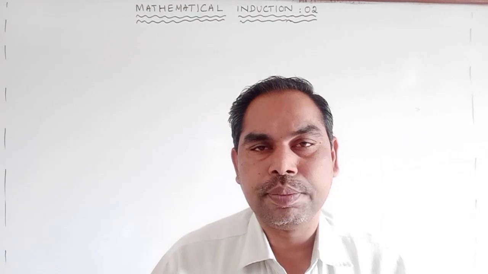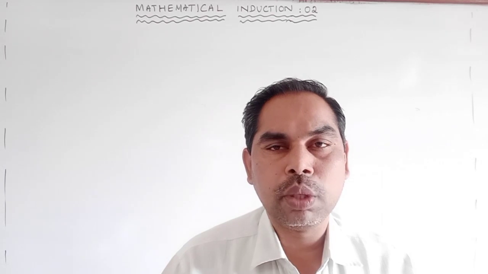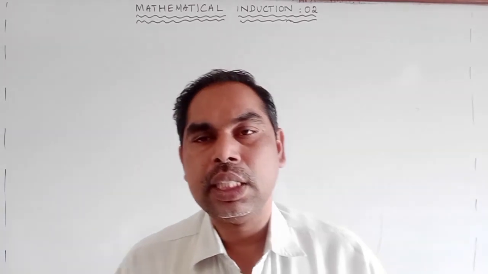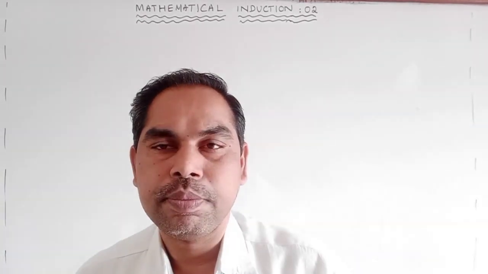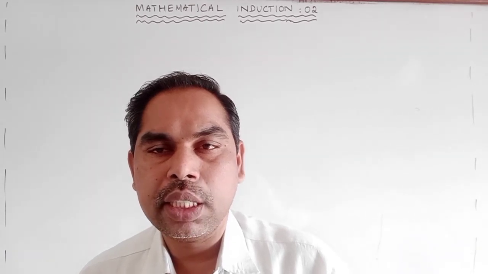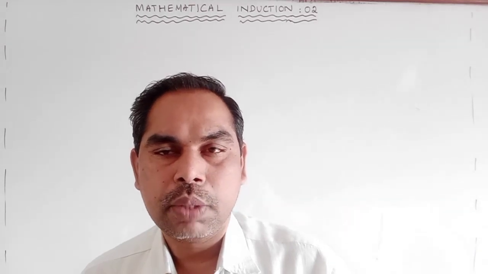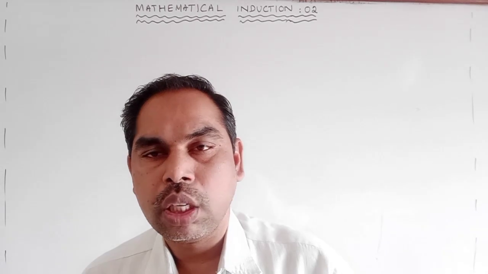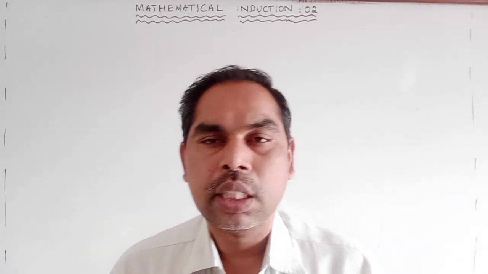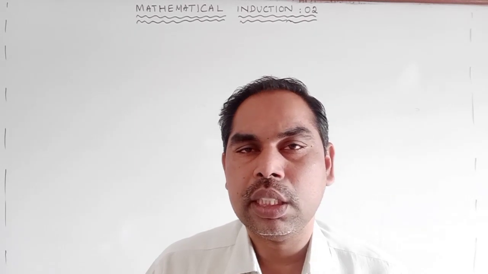In last class, I discussed mathematical induction of type 1, the principle of mathematical induction. Suppose Pn denotes the given statement. Next, for n equal to 1, or any natural number 1, 2, 3, 4 and so on. First, prove P1 is true, that is LHS of P1 is equal to RHS of P1, so P1 is true.